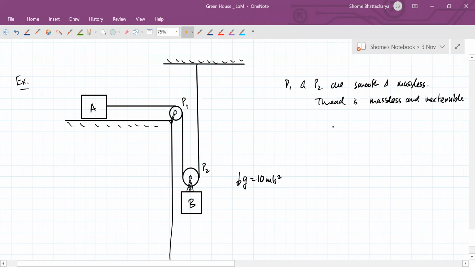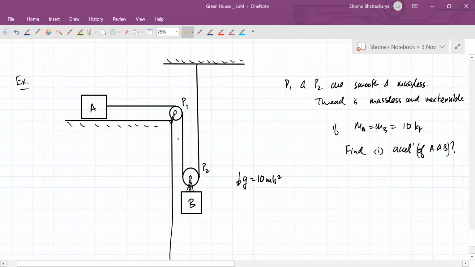Now if mass of A is equal to mass of B, equal to let's say 10 kilograms, find accelerations of A and B. Here the surface is frictionless, so we cannot stop the acceleration in any way. Unless we remove the mass B, A will definitely accelerate.